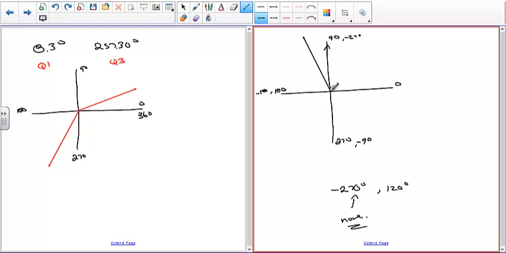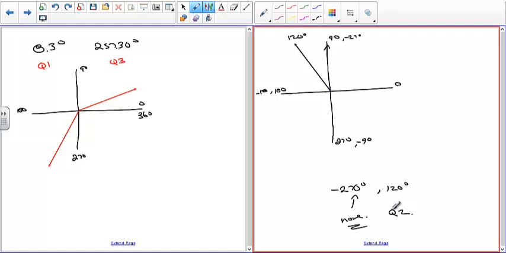And if you think about it, 120 is 30 more than 90. So if you go 30, that's 120, 30, 150, 30, 180. So it's a third of the way around. So that would be 120. And because it's pointing up here, that's quadrant 2. So this would be Q2. So that's how those problems work.